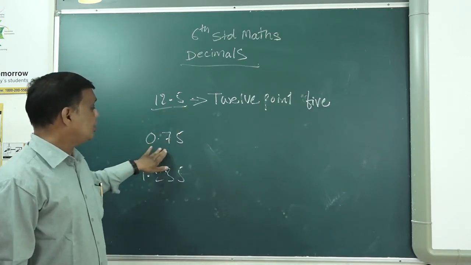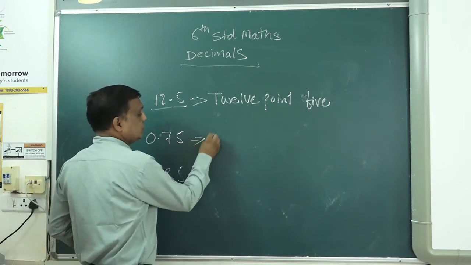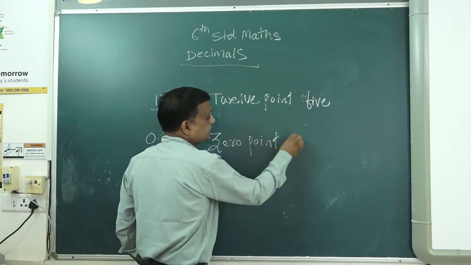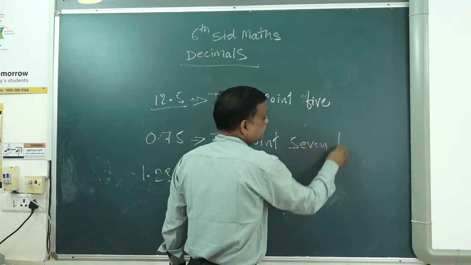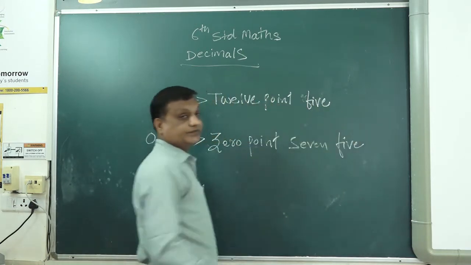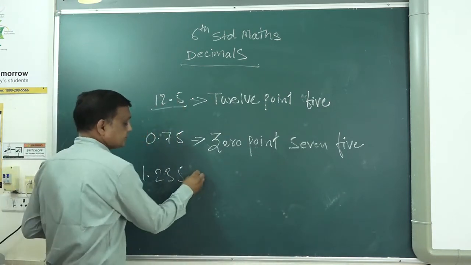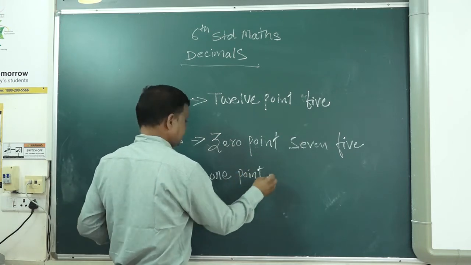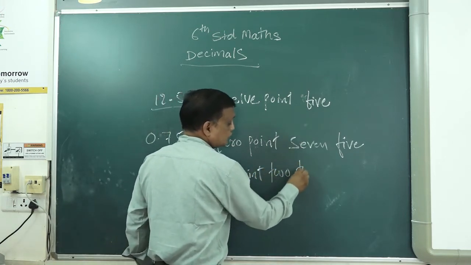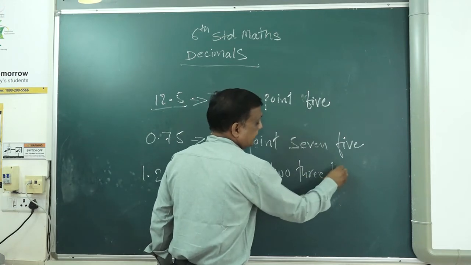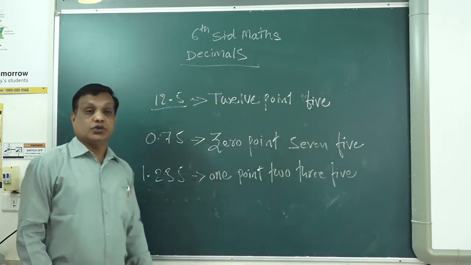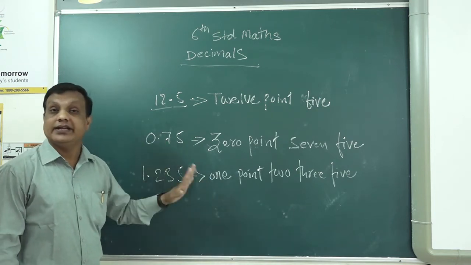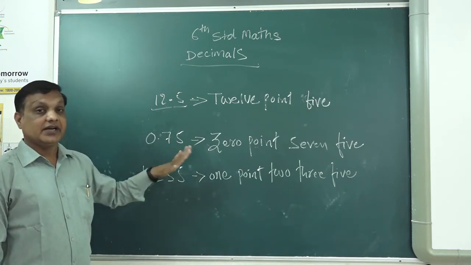Now here 0.75, so you write this number name. Now this number, 1.235, how to write? You remember, the digits after the decimal you have to read separately and write separately.